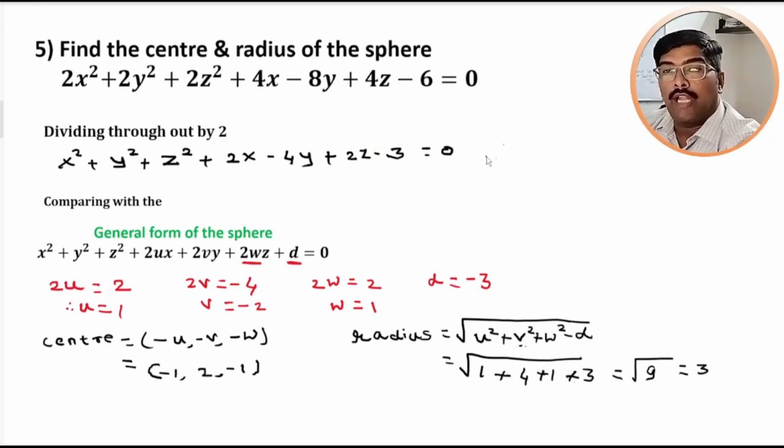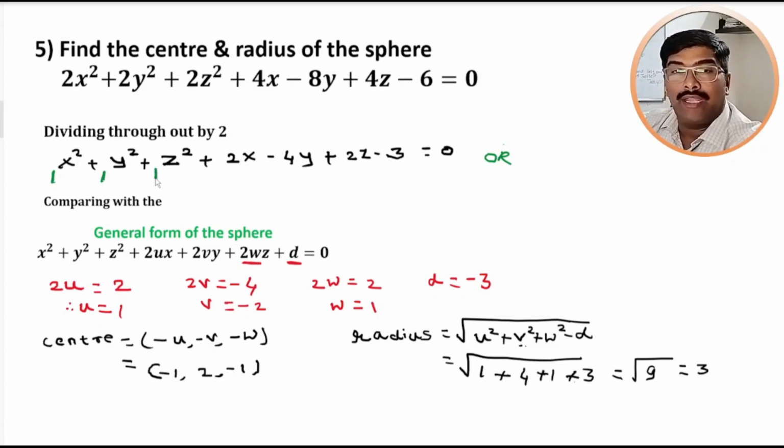Now, we can also solve the same example by dividing the coefficient of x, y and z by minus 2. But the condition is the coefficient of x square, y square and z square must be equal to 1. So here the coefficient of x square is 1, the coefficient of y square is 1, the coefficient of z square is 1.